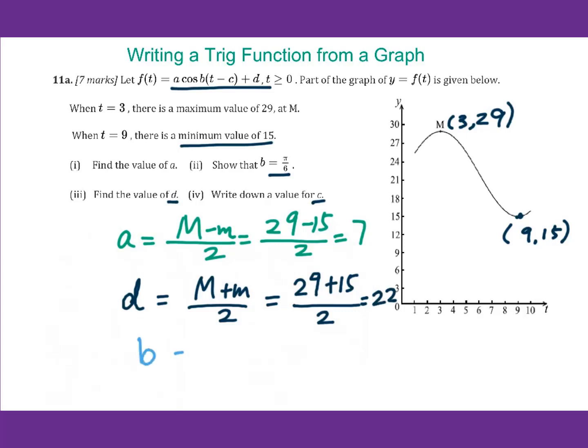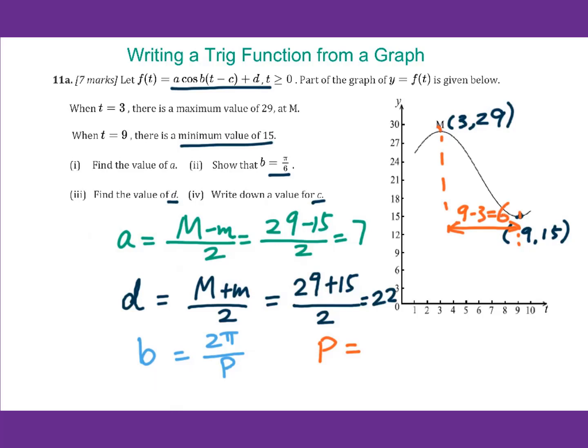For B, it equals 2 pi over P. Check this P. You have to use the maximum and the minimum. So the horizontal distance between this maximum and minimum will be 9 minus 3 equals 6.